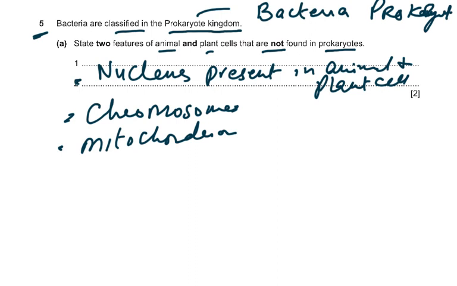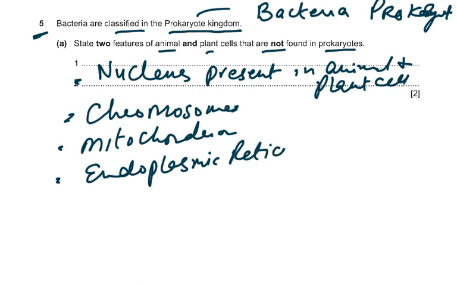Then endoplasmic reticulum, which is only found in eukaryotes, the animal and plant cells. The last one could be vacuoles. Vacuoles are present in animal and plant cells. In plant cells, they are large central vacuoles. In animal cells, they're just small temporary vacuoles. There are no such vacuoles in bacteria.